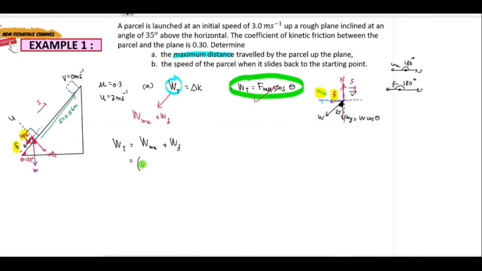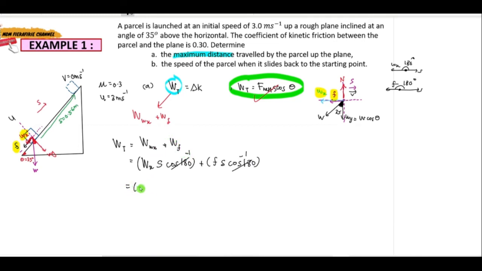Okay, so we can write here the work done by Wx is equal to Wx s cos 180 degree, plus frictional force F s cos 180 degree. Alright, so this will be equal to negative 1, and this is also negative 1.